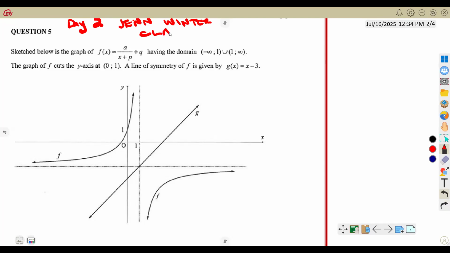Day 2, winter classes, the topic which was being done here, as you can see, is functions.